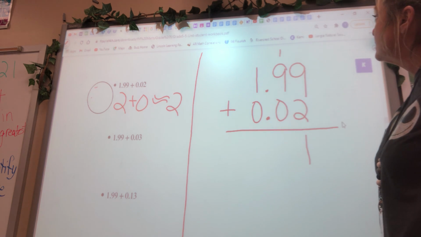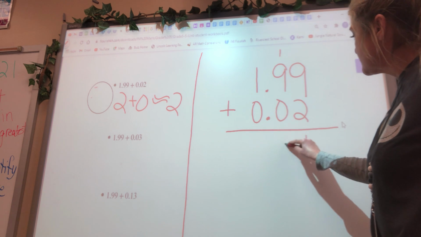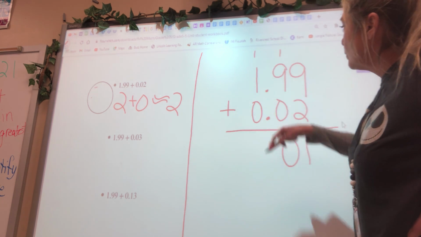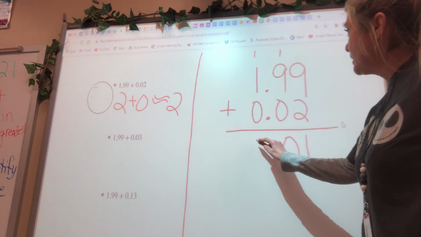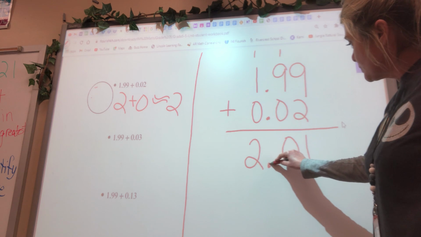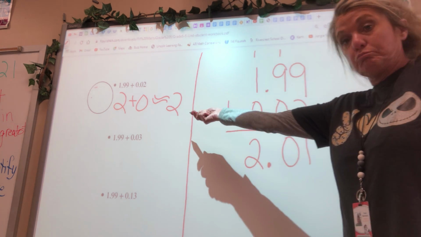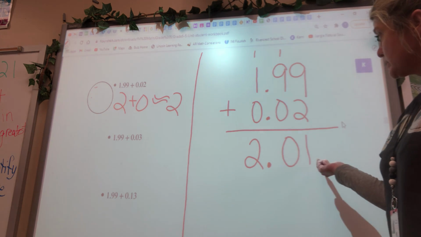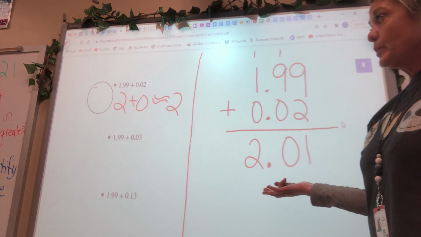Carry our 1. 9 plus 0 is 9, plus the 1 we carried is 10. Carry the 1. 1 plus 0 is 1, plus the 1 that we carried is 2. And then we bring that decimal right on down, straight down. And again, we were just about right, weren't we? 2.01, 2 and 100 compared to 2.